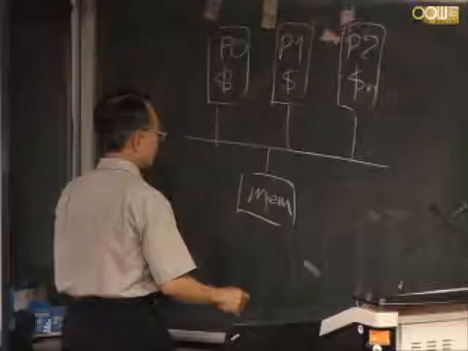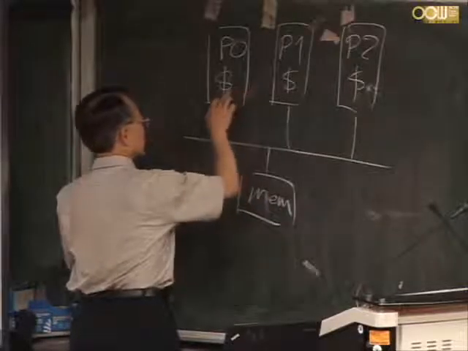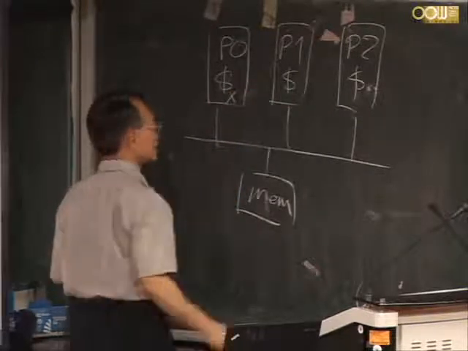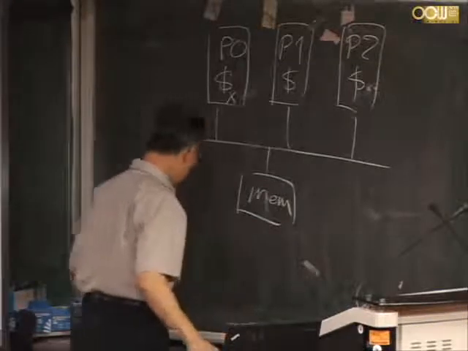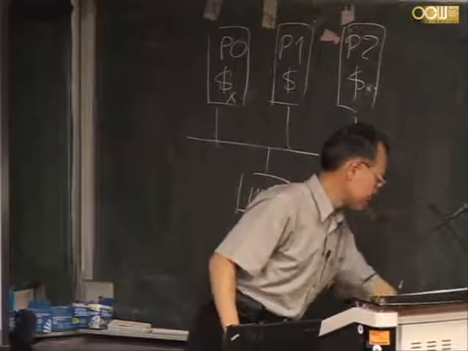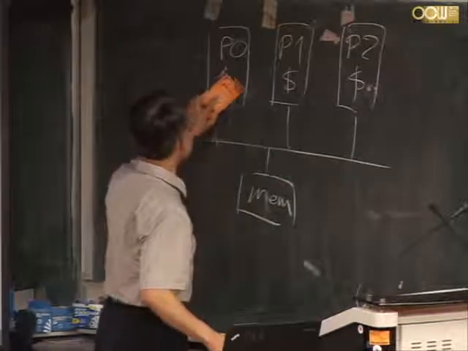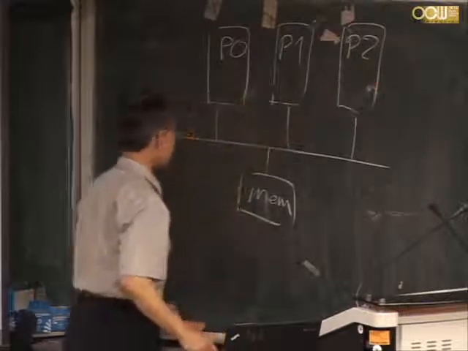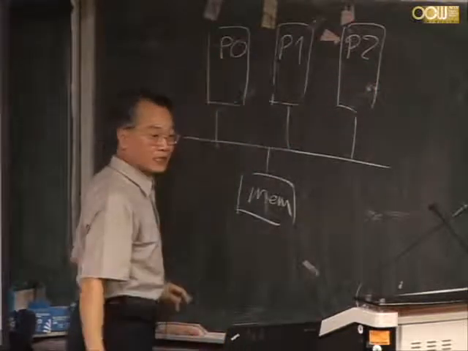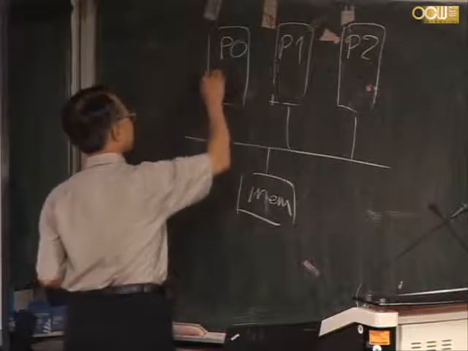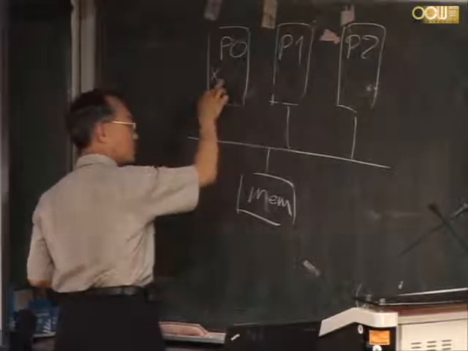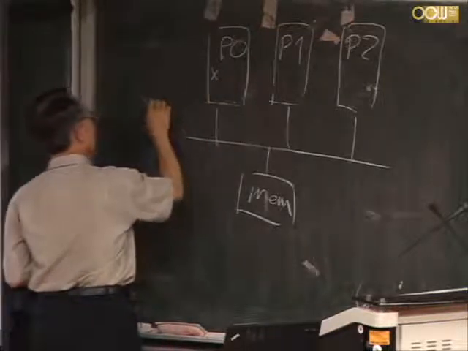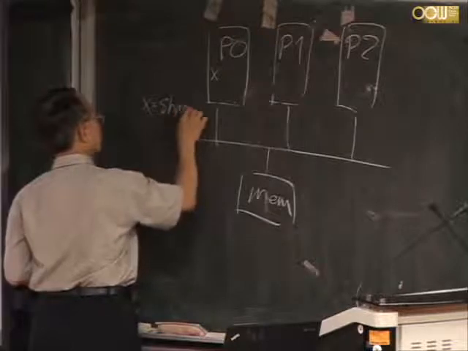So, if this cache holds the variable X, let me be more specific. In the beginning, no one has X. If P0 reads X, then X goes into P0, and we call X being in the shared state.